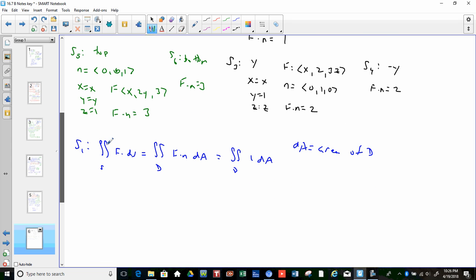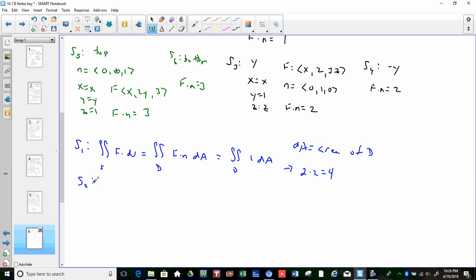So the area of our S1 section is 2 times 2, which is 4. Because I was summing up the area times 1 of 2 times 2, which is 4.